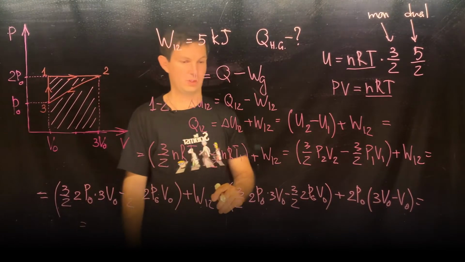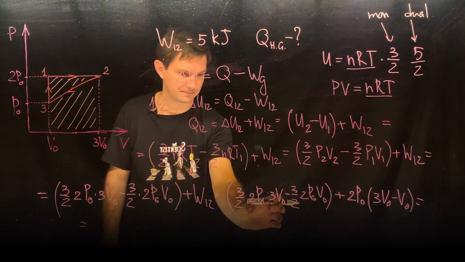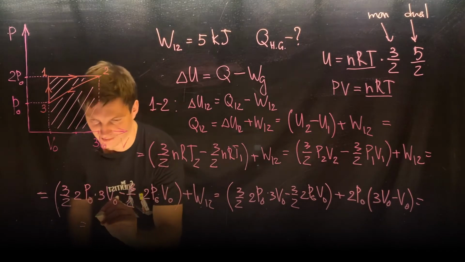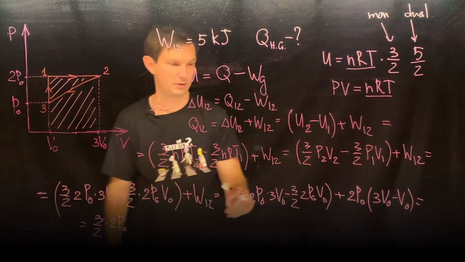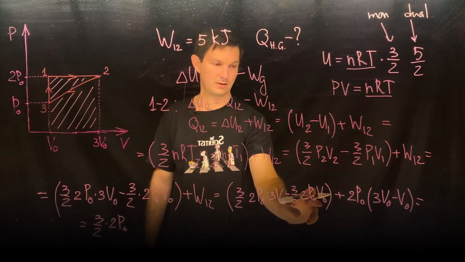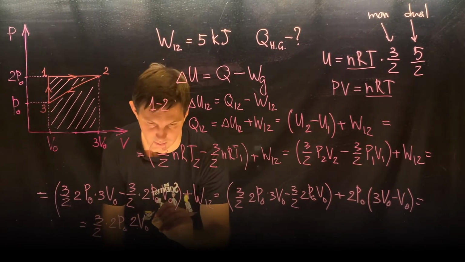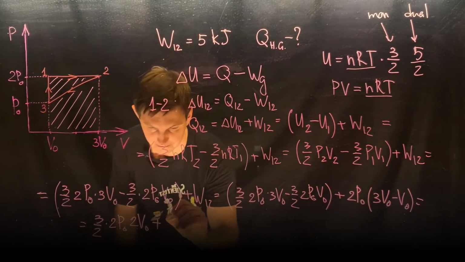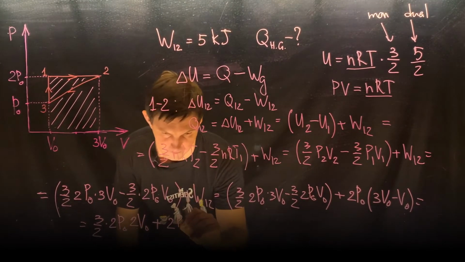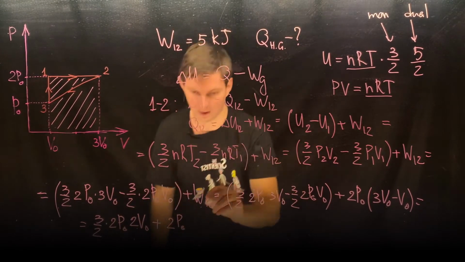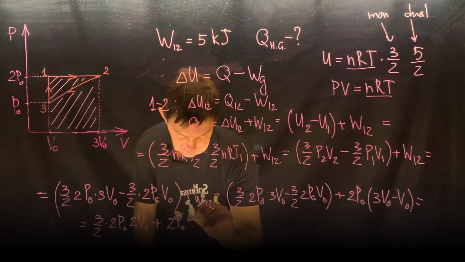So we see that it is 3/2 times 2P0 times (3V0 minus 1V0 is 2V0), plus 2P0 times 2V0.